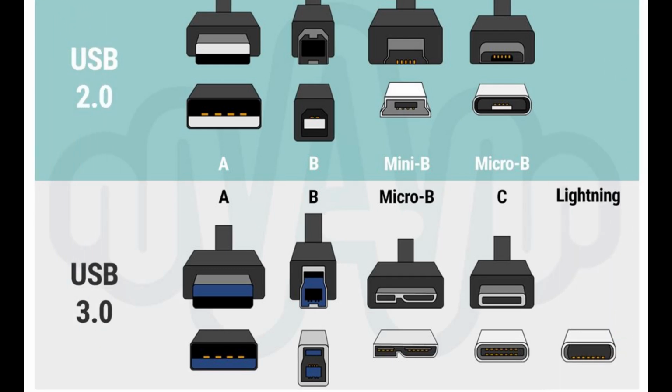The Type A and Type B connectors came in standard, mini, and micro sizes. The standard format was the largest and was mainly used for desktop and larger peripheral equipment. The mini USB connectors, Mini A, Mini B, Mini AB, were introduced for mobile devices. Still, they were quickly replaced by the thinner micro USB connectors, Micro A, Micro B, Micro AB.